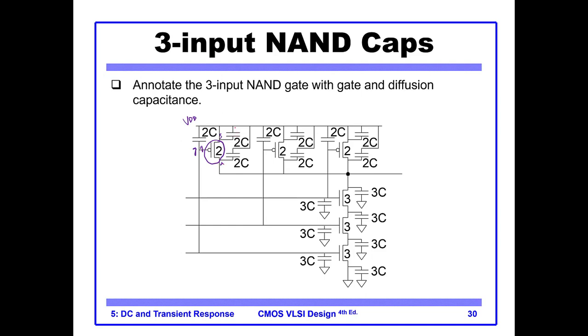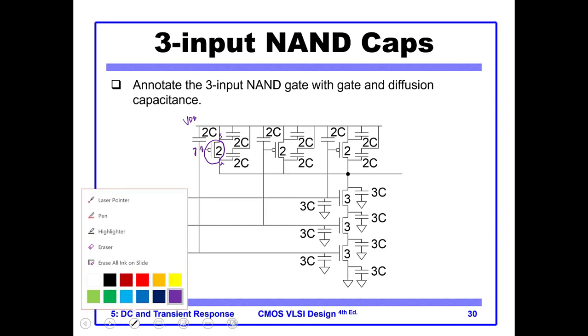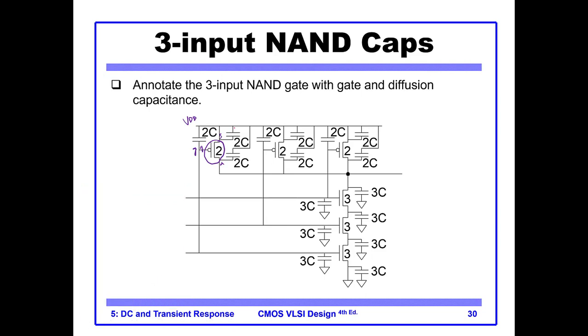Between the source and VDD we have another capacitor. Note this capacitor: both the terminals are connected to VDD. So basically this capacitor is shorted, so we can remove this capacitor.